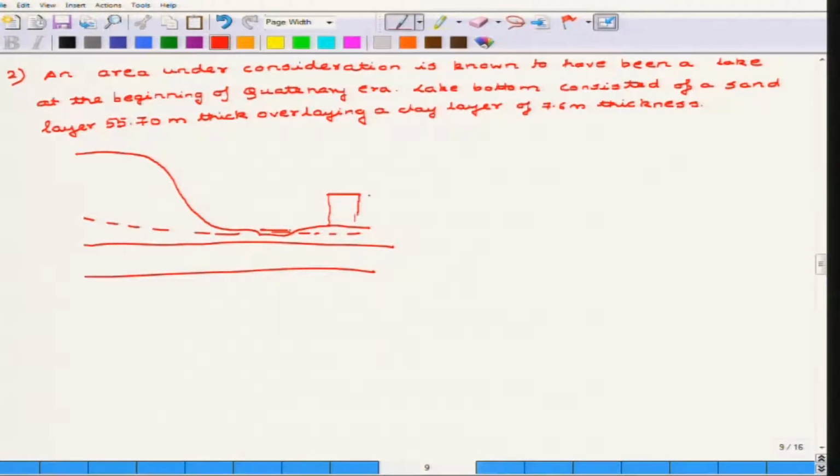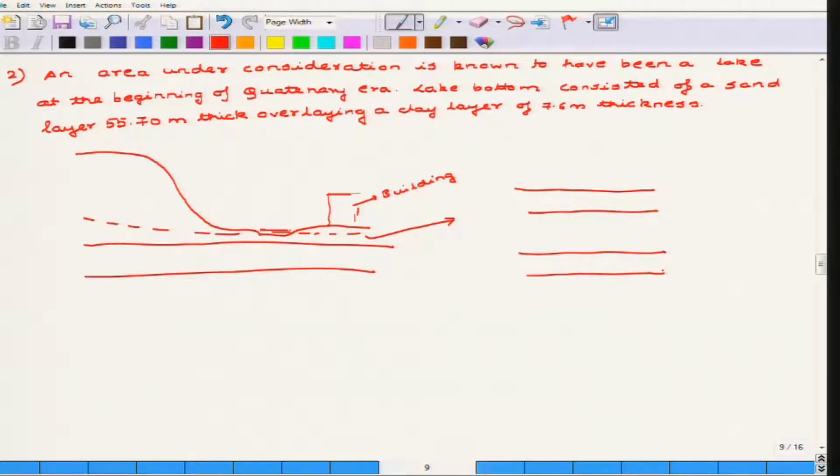Now this is where the building is constructed, and this view when enlarged of the lake bottom looks somewhat like this. This is the lake, this is the layer of sand, this is the layer of clay. This is a sand layer of 55.70 meter, and this is a clay layer of 7.6 meter thick, and this is the lake.